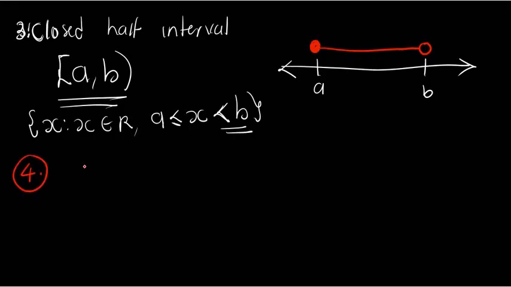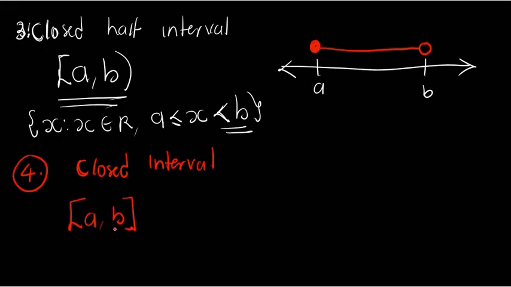Then let's also look at the other one, which is known as the closed interval. In the closed interval, both of them are included. So A and B are included here. That's what it means.